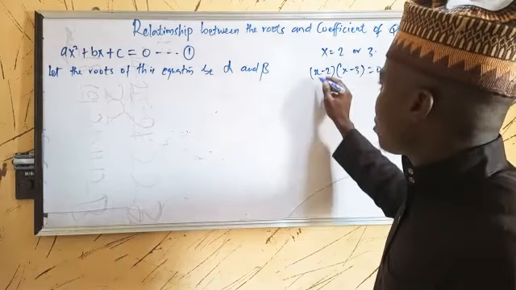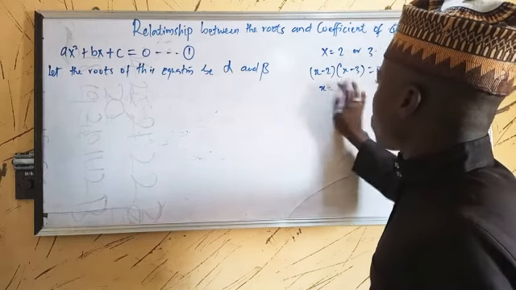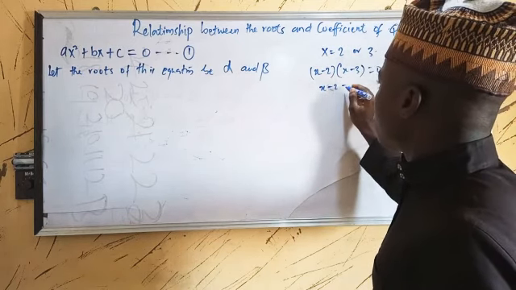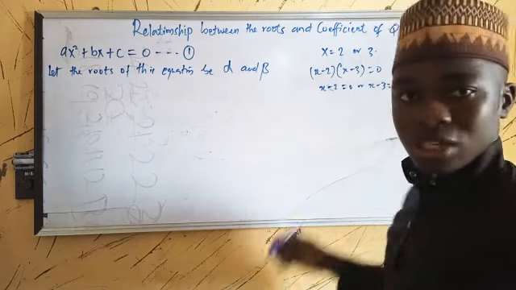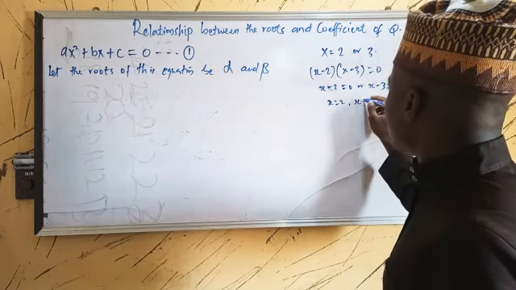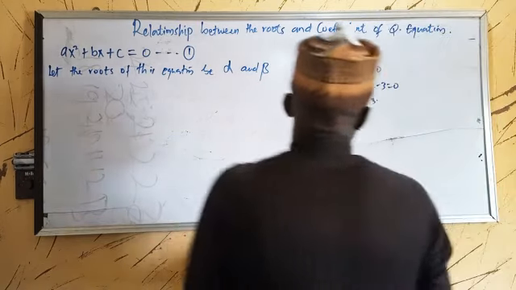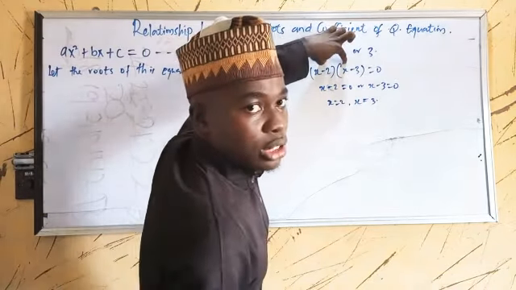If you remember, that's when we have x equals 2, x minus 2 equals 0 or x minus 3 equals 0. Are you getting it? So that we have x equals 2 and x equals 3.